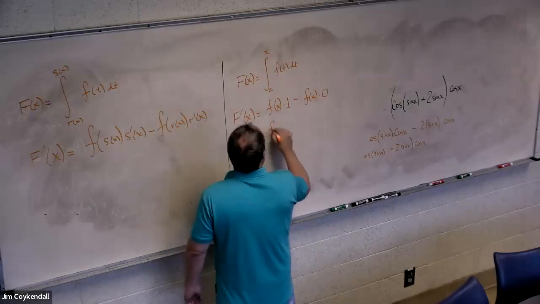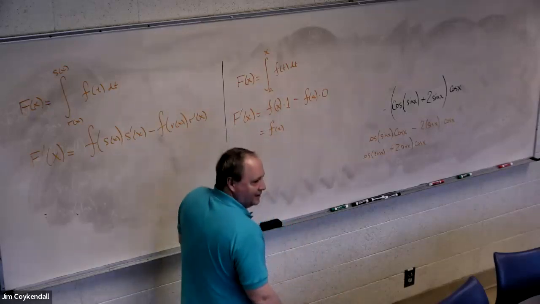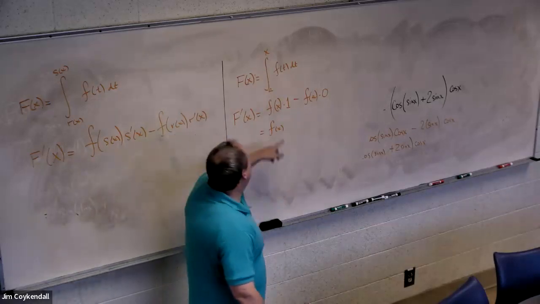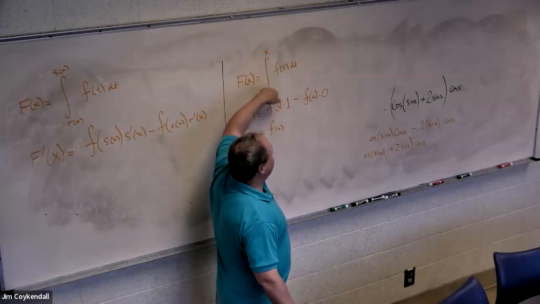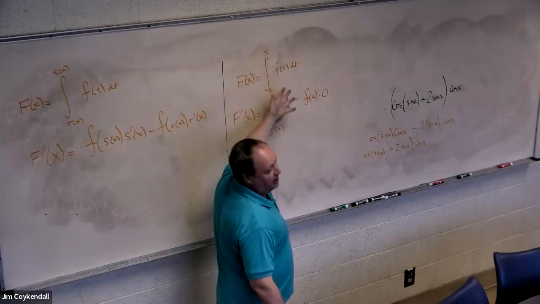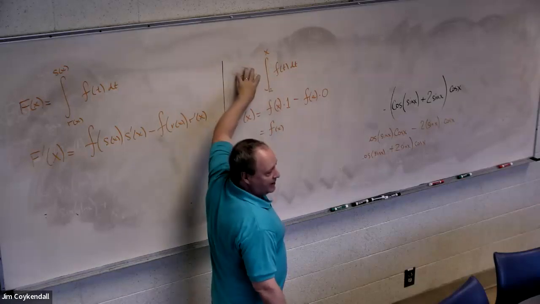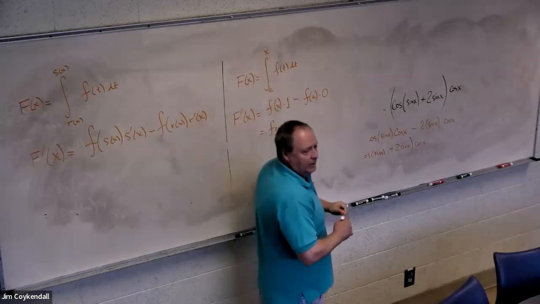So you just get f of x. Right, and that's simply the statement. And if both x and a are just numbers, then you get 0.